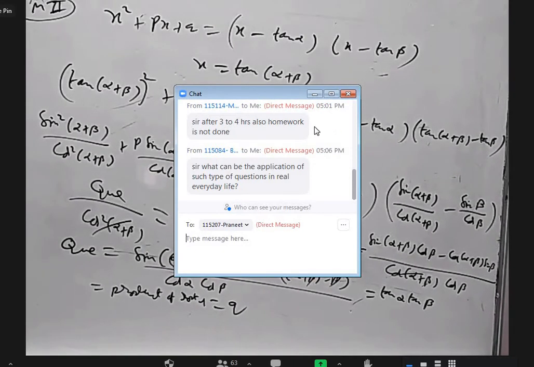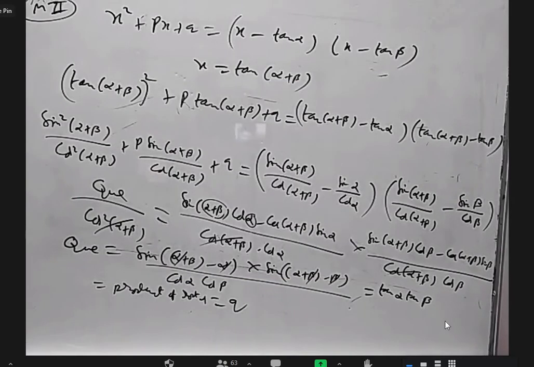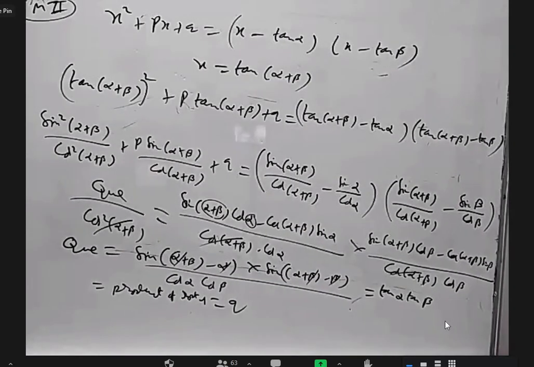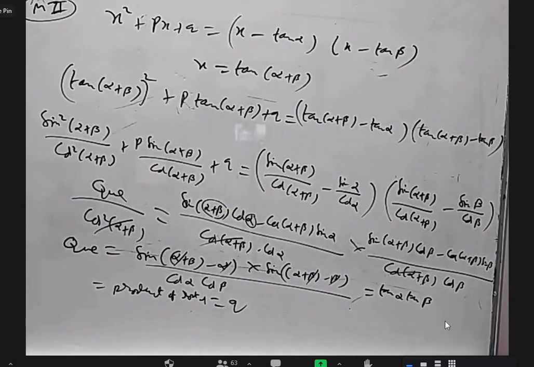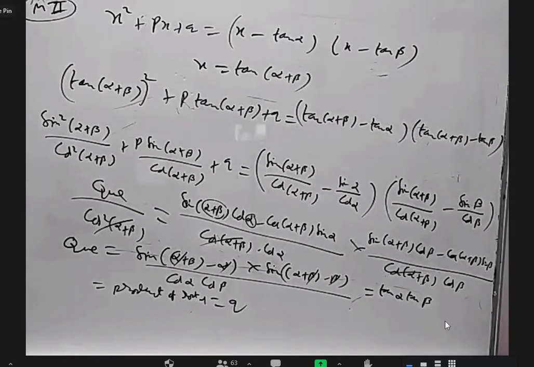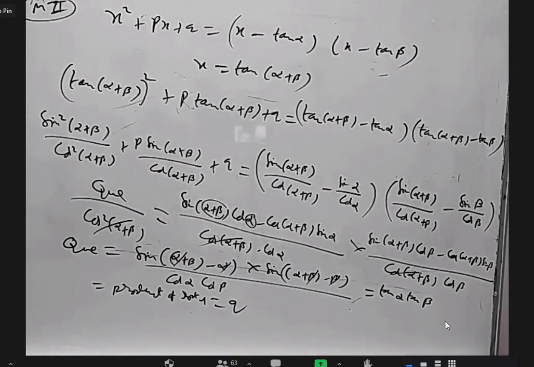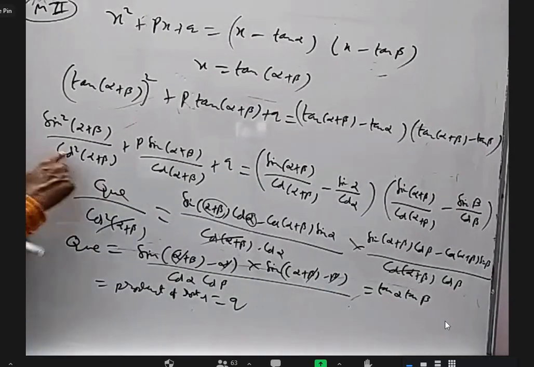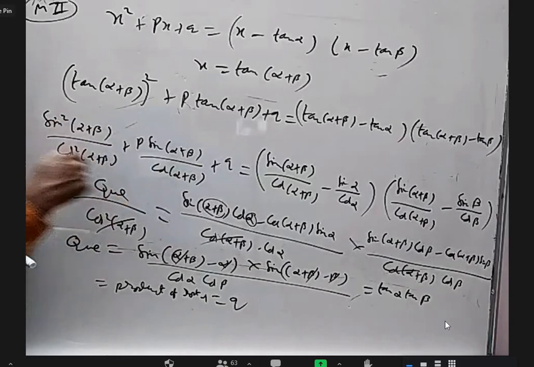Sir, there you wrote Q, question, that is tan α into tan β. Q means question. No. From here to here, when you take LCM, what you get is exactly the question that I asked.